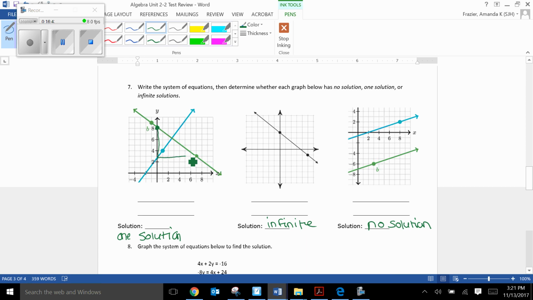And then connecting, it's going down 5 and over 7. Okay, so now I know that my y-intercept is 8. So y is equal to, because it's a system of equations, and my slope is -5 over 7 plus 8, my y-intercept.